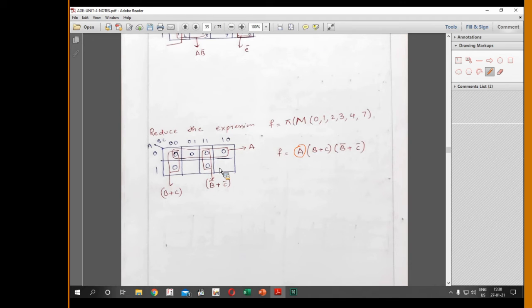If it is not possible, then you have to use the already covered max terms. Here M4 doesn't have any adjacency. If I had a max term on M6, the sixth cell, then instead of using an already covered max term, I could use that and cover the two max terms which are not covered in the function.